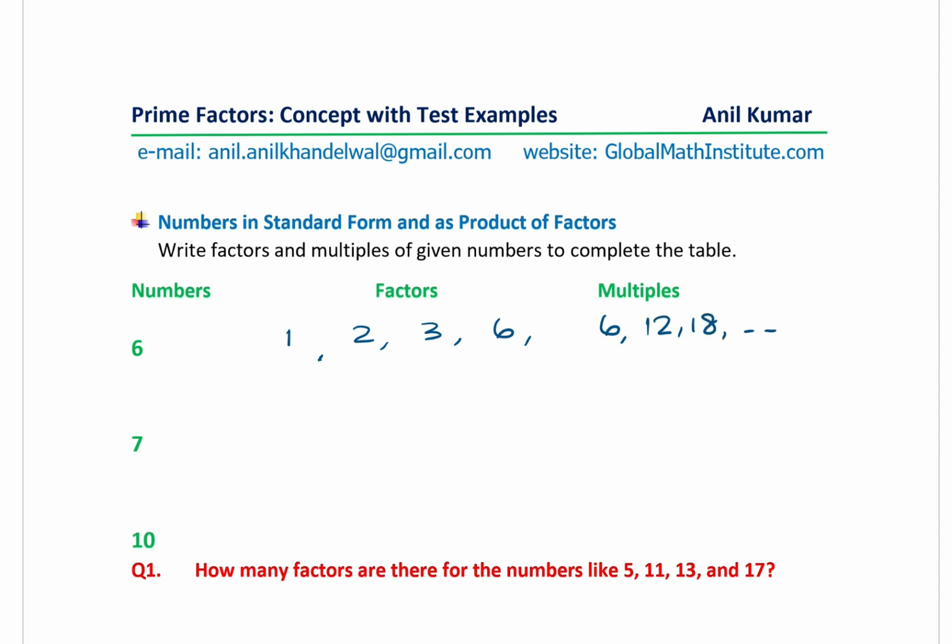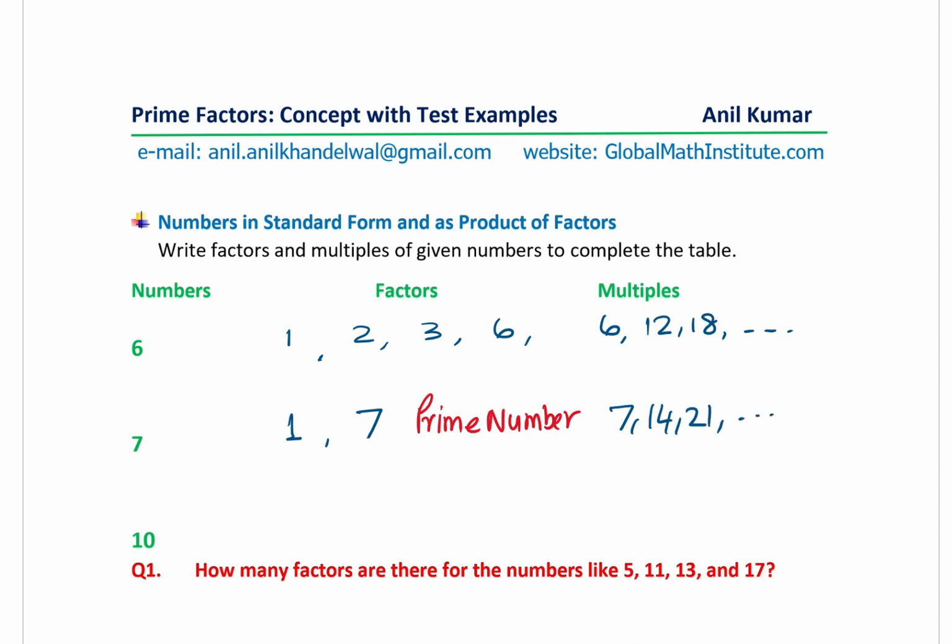And so on. For 7, we have only two factors, 1 and 7 itself. And you will notice that if you have only two factors, then the number is called a prime number. And this is a prime number. The multiples of 7 are 7, 14, 21, 28, and so on.